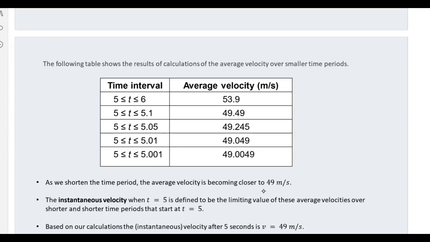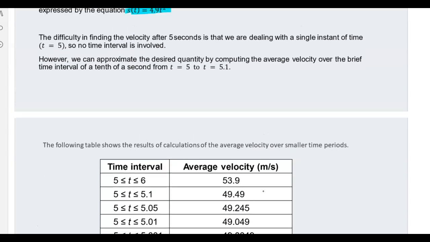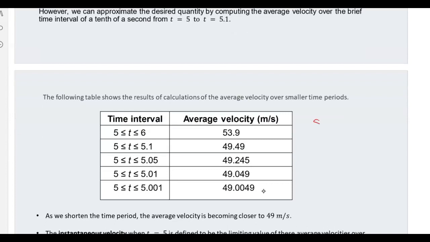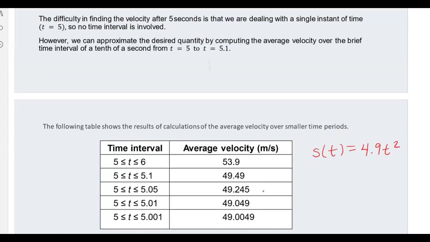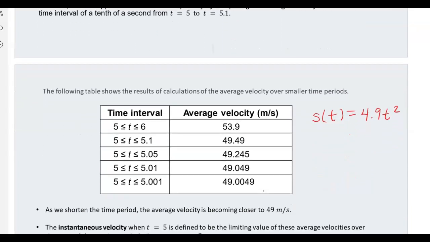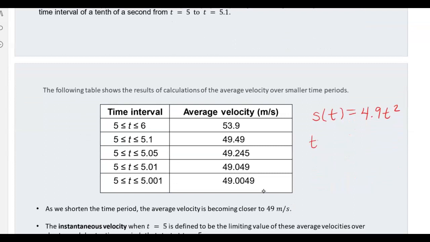Again, what we're doing is we're taking that function we have up here, s of t equals 4.9 t squared. That's the function that we're taking. We're plugging in t equals 5 and t equals 6, getting those output values and finding the slope between those 2 points. And then we repeat the process for 5 and 5.1, right?